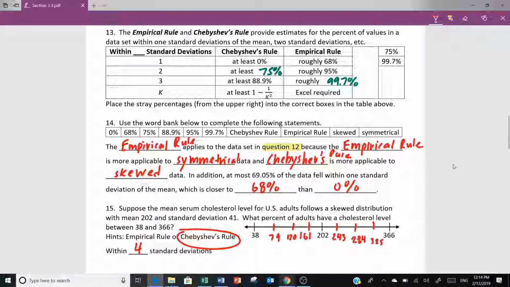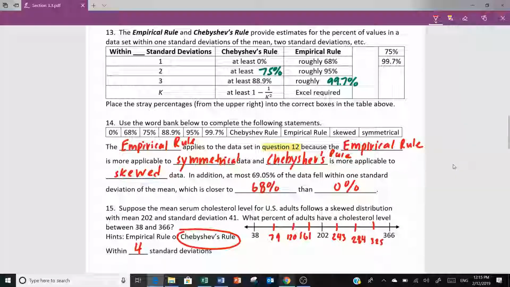If we were just looking at 202 to 366, would you use empirical or Chebyshev's, or do you literally just look for whether it says it's a skewed distribution or a symmetrical distribution? That's a good question. If you had just 202 to 366, you wouldn't be able to apply Chebyshev's rule, because Chebyshev's rule only applies to within 4 standard deviations, or within 3, or within 2 standard deviations.